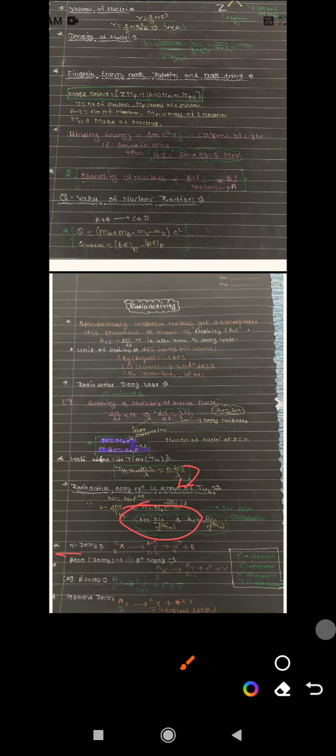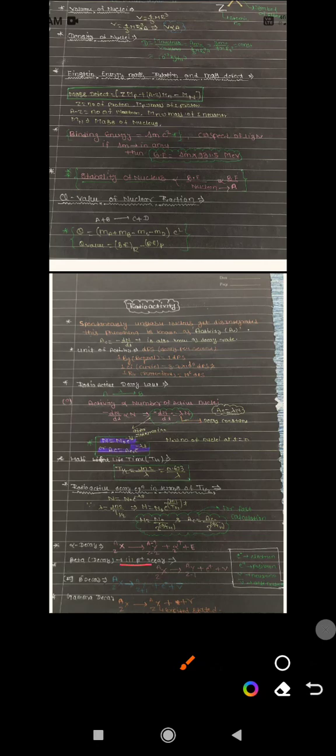Okay, and next is alpha decay. So when alpha decay happens, then mass number is decreased by 4, and atomic number is decreased by 2. And beta decay: in beta decay there are 2 types, first is beta plus decay and second is beta minus decay.